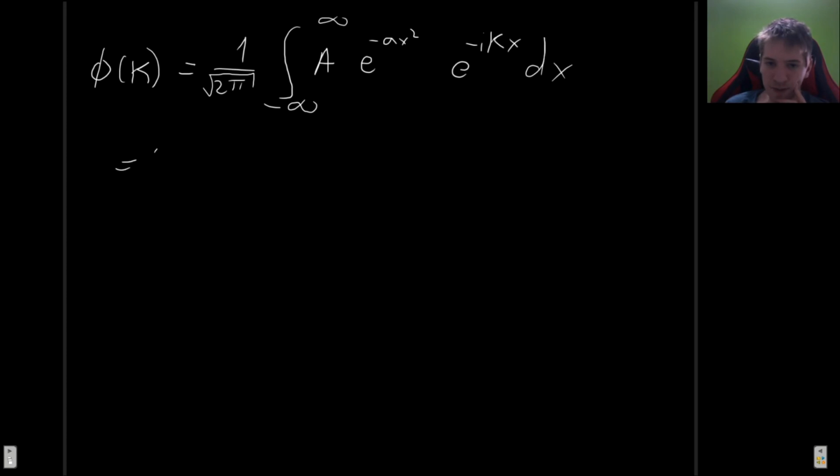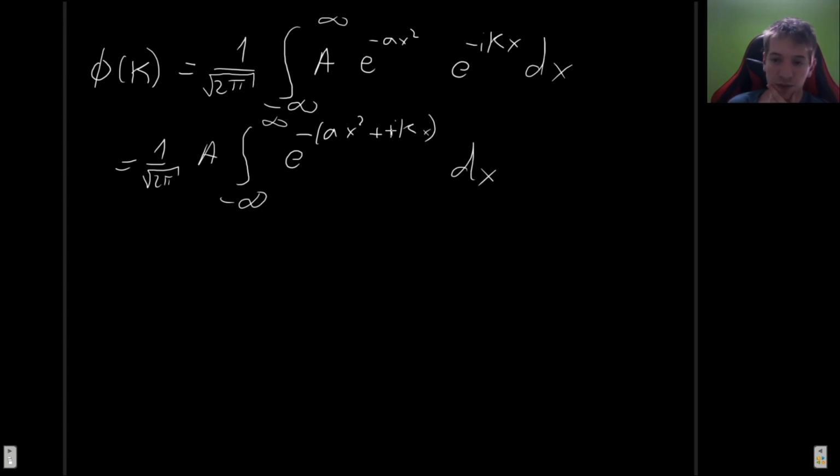So now we need to integrate this. Let us pull the A outside. I could also just write the value for A, but it's quicker to leave it like this for now. So this is going to be the integral from minus infinity to infinity of e to the minus (a x squared plus i k x) dx.